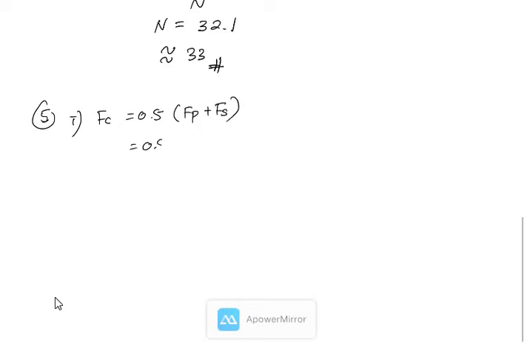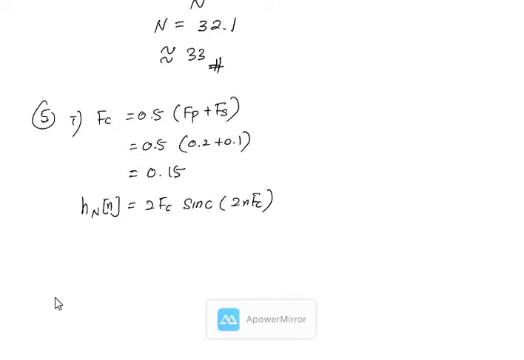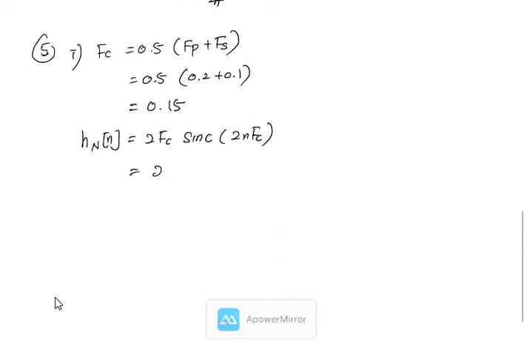So 0.5 times 0.2 plus 0.1 is equal to 0.15, and Hn is equal to 2Fc sin 2πnFc. This is equivalent to 2 times 0.15 sin 2πn times 0.15, which is 0.3 sin 0.3n.